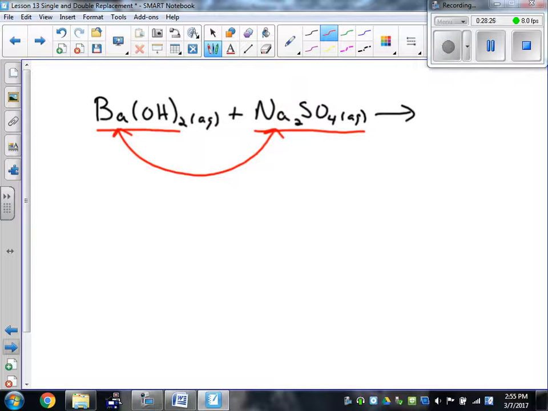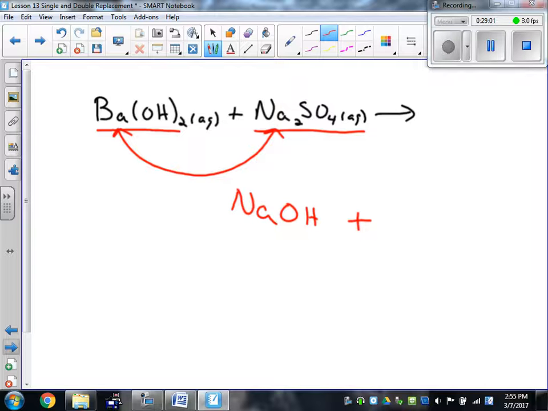You're going to get new formulas because remember, we're combining them with different ions, right? So look. Sodium is going to go with hydroxide now. So the sodium, Na, goes in this place here. So NaOH. Now look, sodium's a 1 plus, hydroxide's a 1 minus.